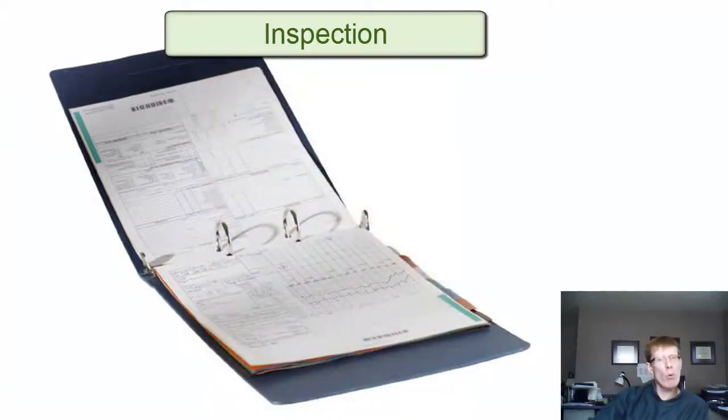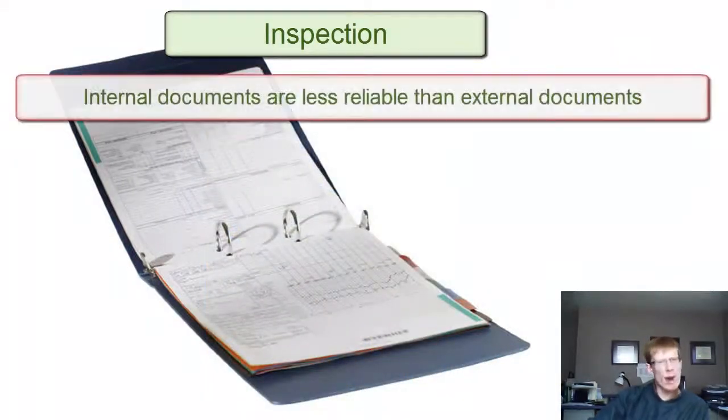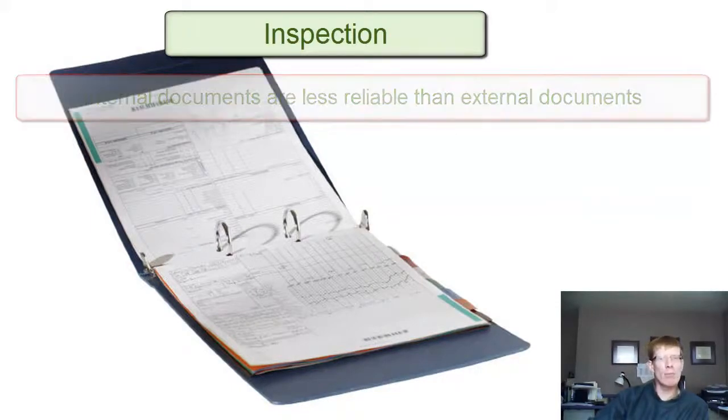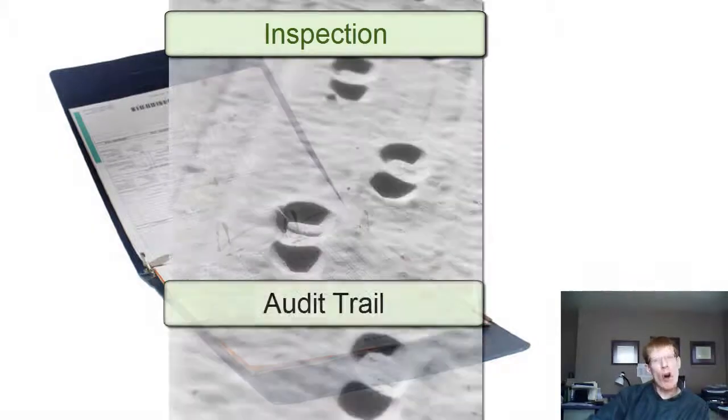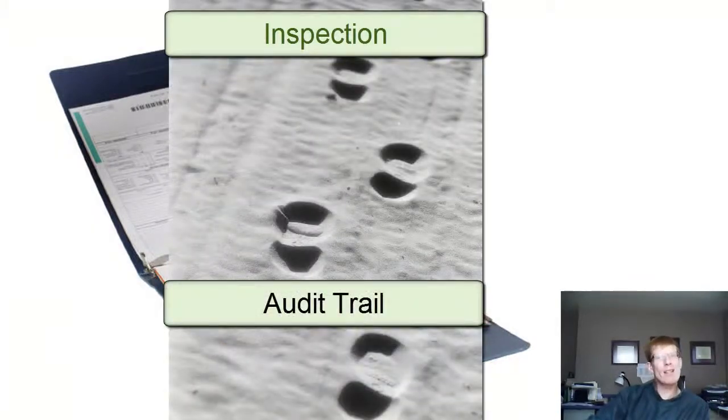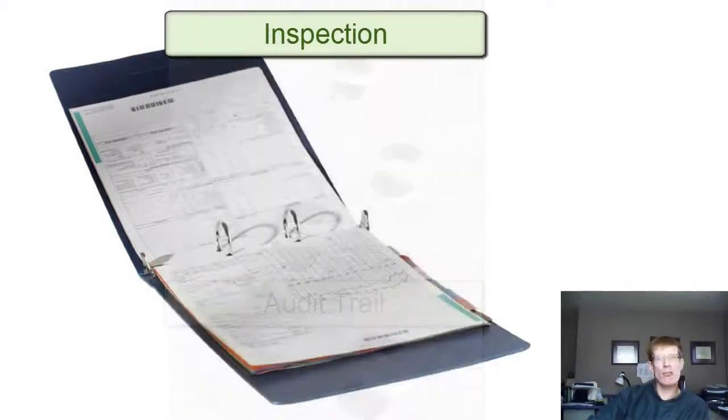A couple of more points when it comes to inspection and evidence. First, keep in mind that internal documents are less reliable than external documents. Also note, there is a concept of direction of testing, which is important for you to understand. The so-called audit trail is the trail of evidence that exists in either paper or electronic form to process a transaction.